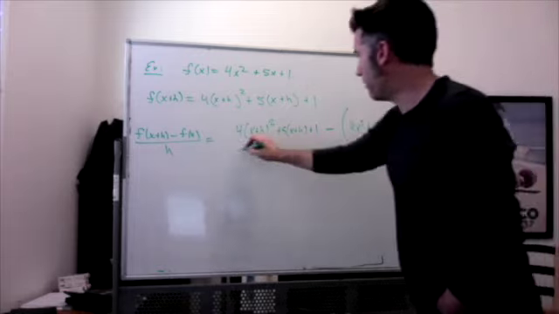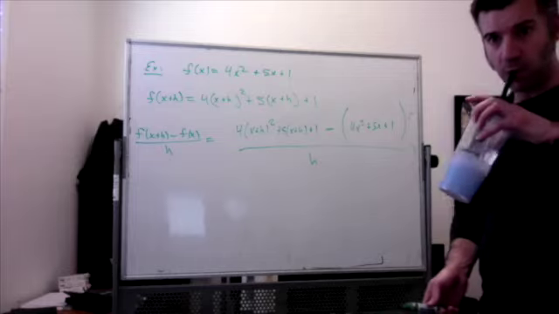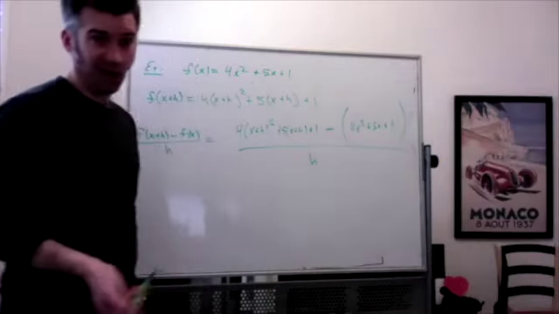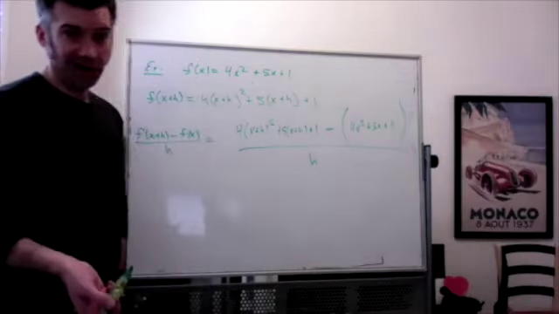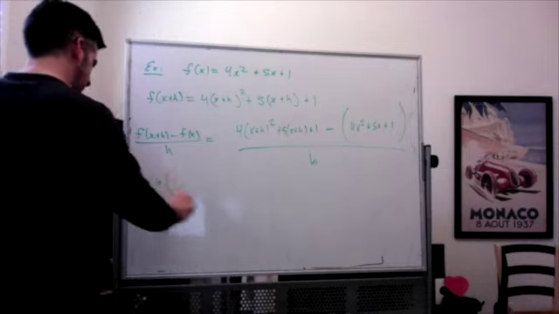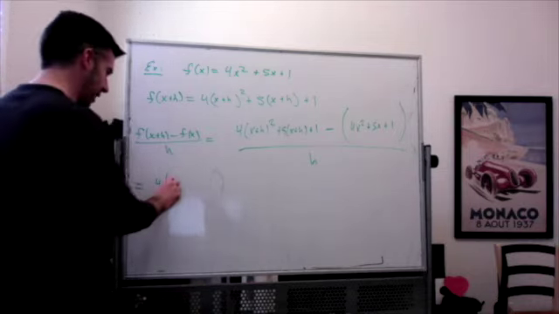Okay, we've got to do a little bit of simplifying here. You're going to see x plus h squared a lot. It's going to be really important that you get it right. So x plus h squared has 3 terms. This is going to equal 4 times x squared plus 2xh plus h squared.